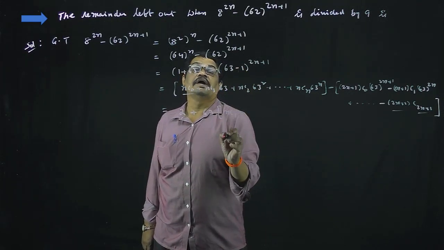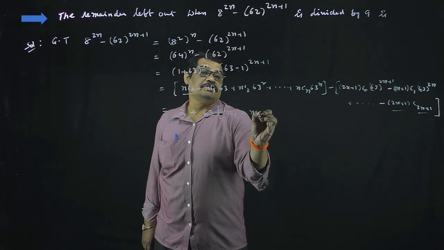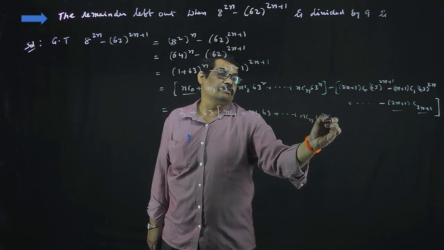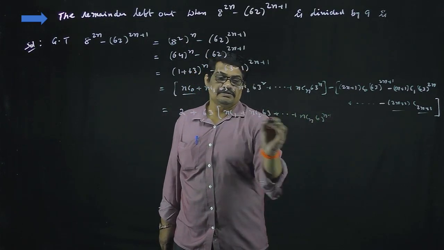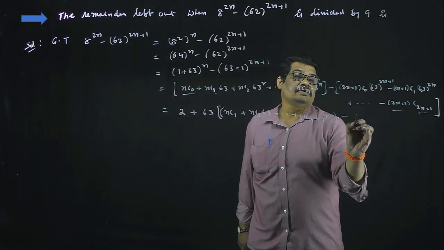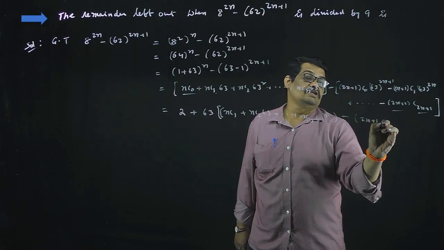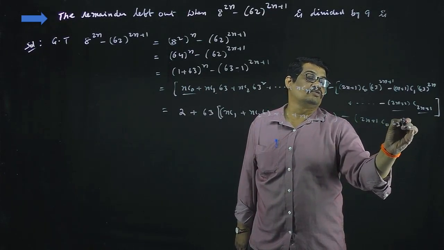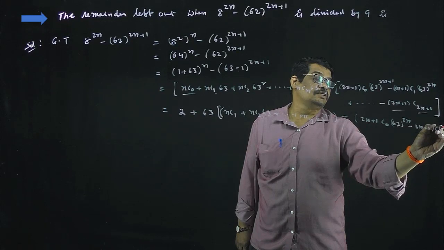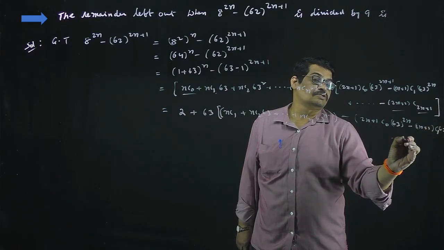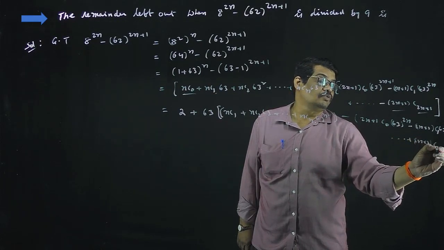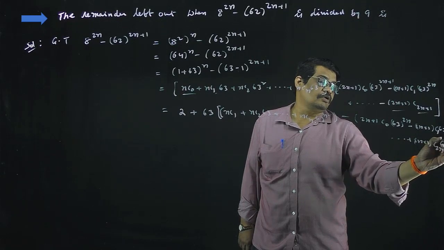We are getting nC1 plus nC2 63 and so on, nCn 63 to the power of n minus 1, minus 2n plus 1 C0 63 to the power of 2n, 2n plus 1 C1 63 to the power of 2n minus 1 and so on, and before that 2n plus 1 C 2n 63 to the power of 2n.